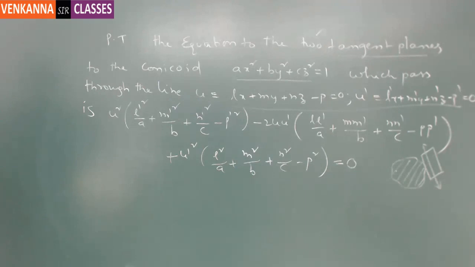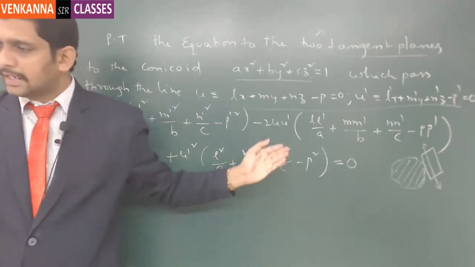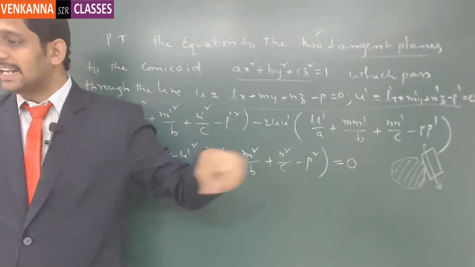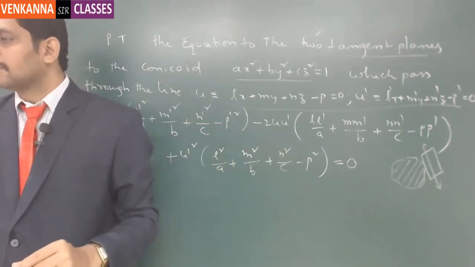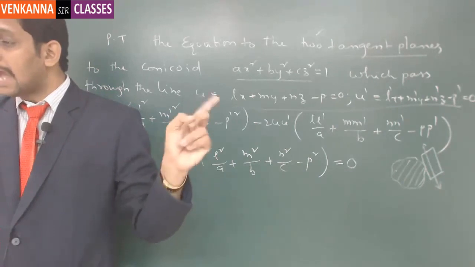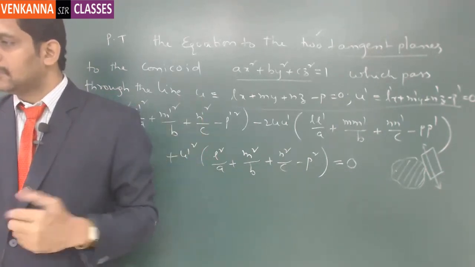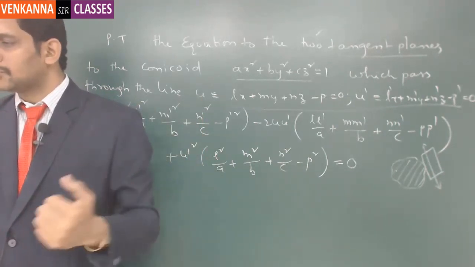Are you getting the idea? I want to calculate a plane which contains a line, and the line is given in unsymmetric form. So what formula do we generally use?